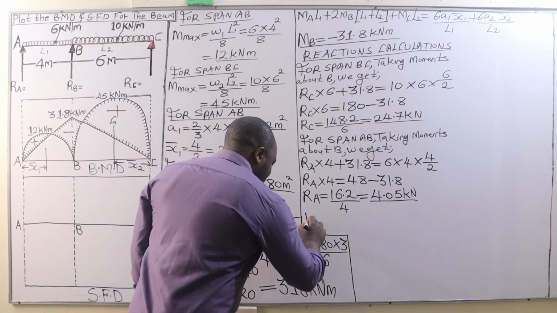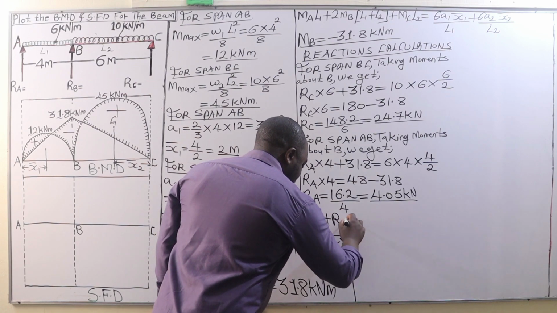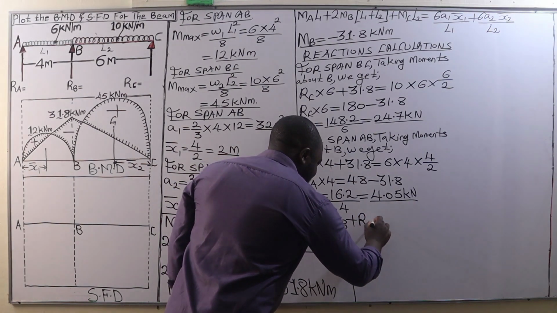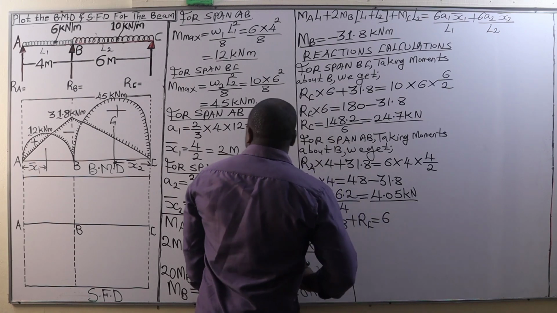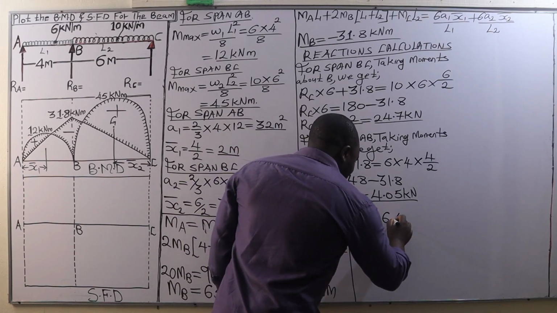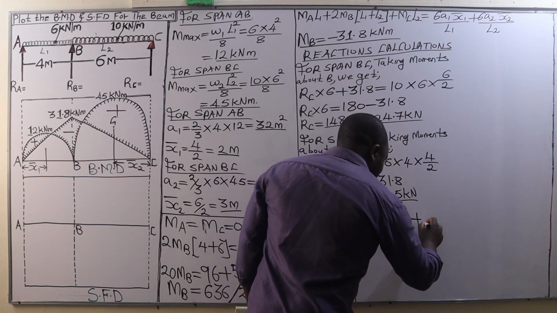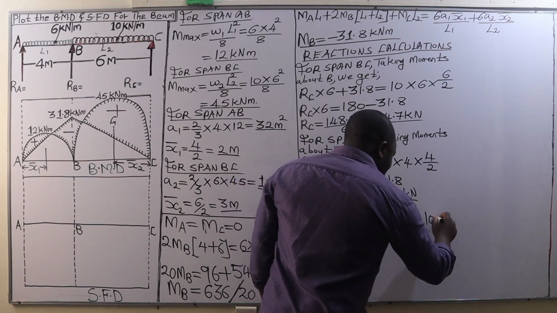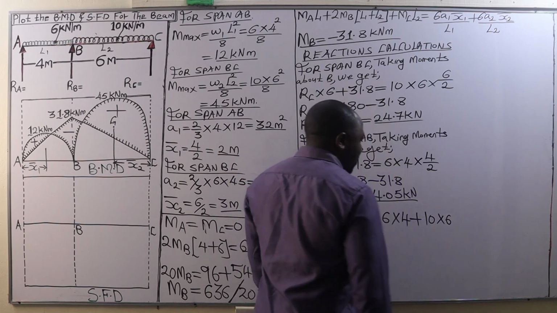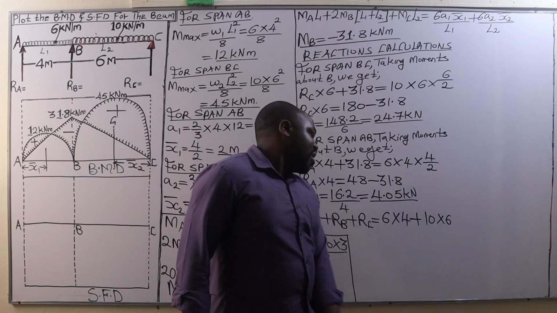So we are going to have RA plus RB plus RC is equal to the U.D.L between A and B, which is 6 kilonewtons per meter, converted to point load, that is multiplying it by the span over which it is distributed, plus the U.D.L between B and C, which is 10 kilonewtons per meter, multiplied by the span over which it is distributed to convert it to point load.